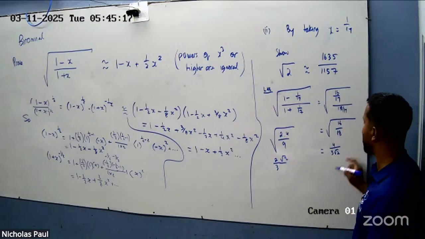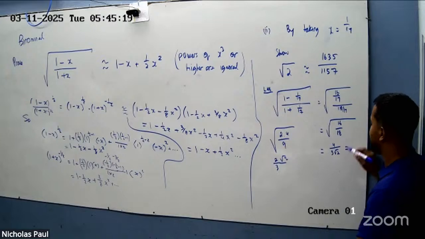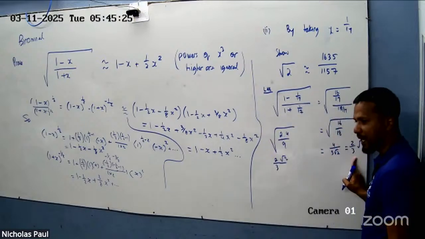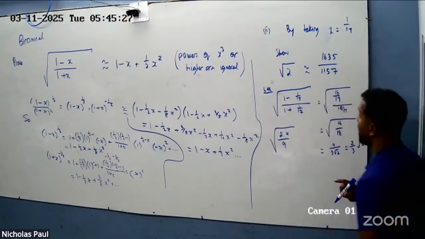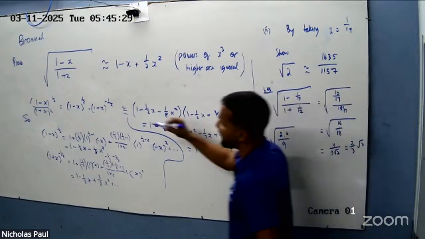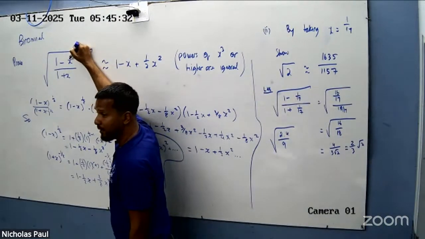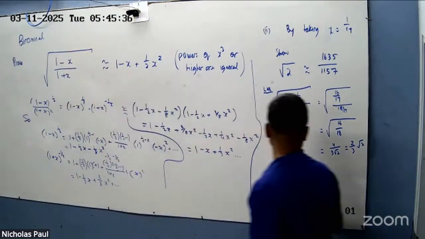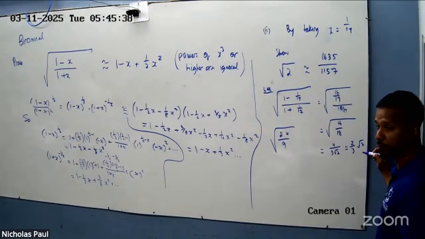They can simplify further, so I'll end up with 2/3 root 2. Okay? So what it's saying now is that if I put 1 on 17 here, and I put 1 on 17 here, this is 2/3 root 2.